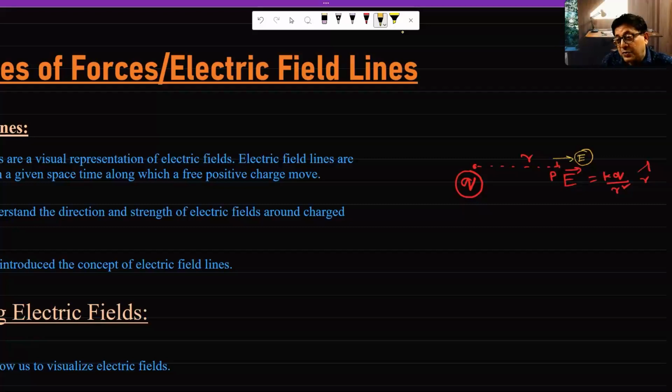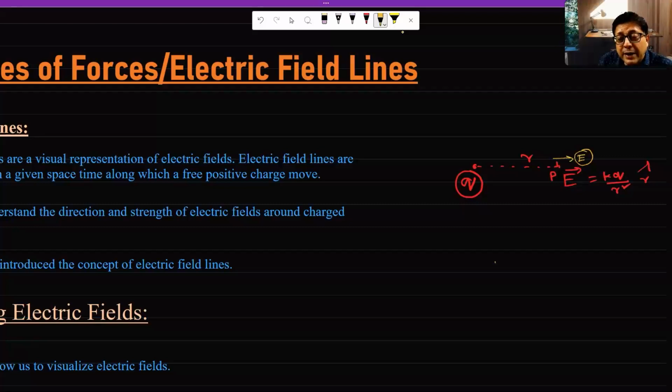Faraday suggested drawing the electric field lines in that direction only, where a vanishingly small test charge, or unit charge, compared to this charge Q will move.